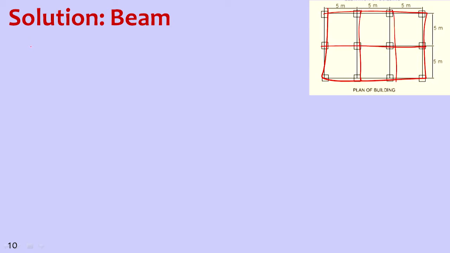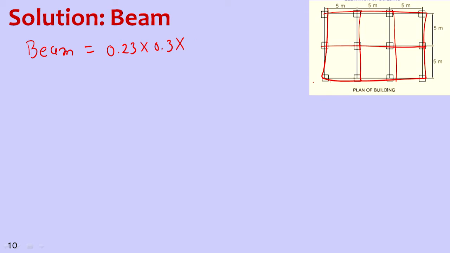The way we have calculated the mass of a slab, similarly for the mass of beam, first of all we have to calculate the volume. So for one beam it is 0.23 is the cross section, 0.3 is the depth, multiply by length. Now here let us consider the entire length.